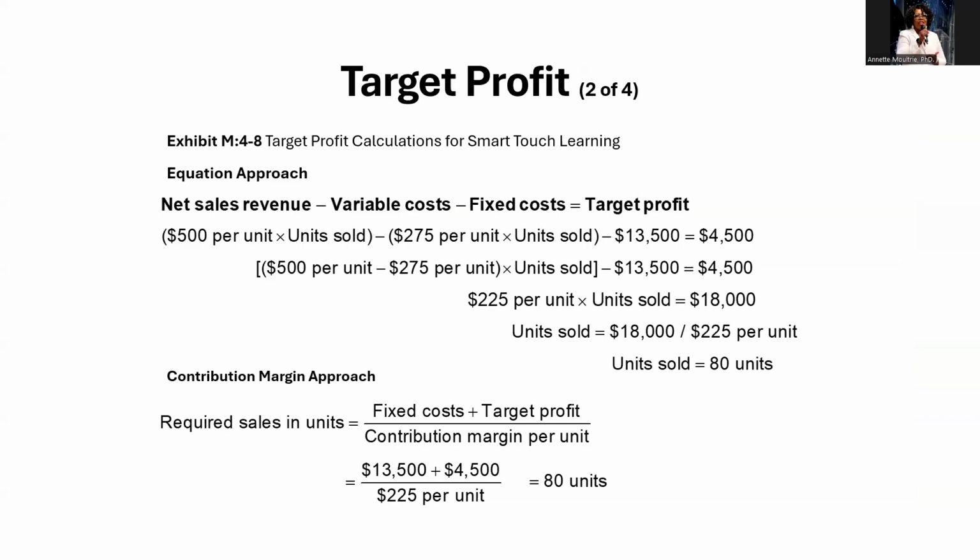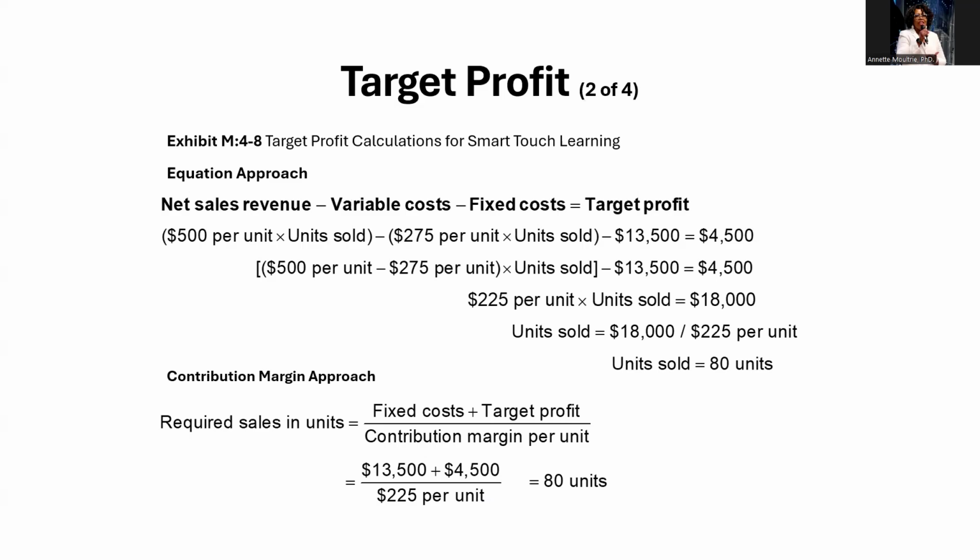And here, in this example, the management profit goal is $4,500 per month. So let's look at the equation approach. You have the net sales minus variable costs minus fixed costs equal target profit. You have $500 per unit times units sold minus $275 per unit times units sold, minus $13,500 equal $4,500.